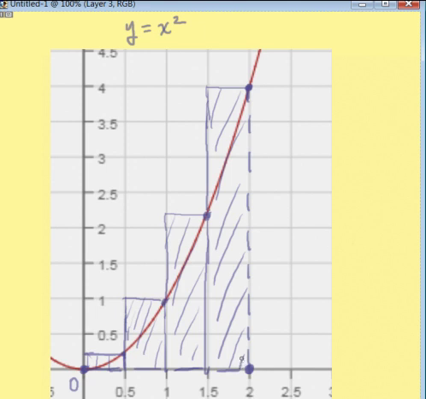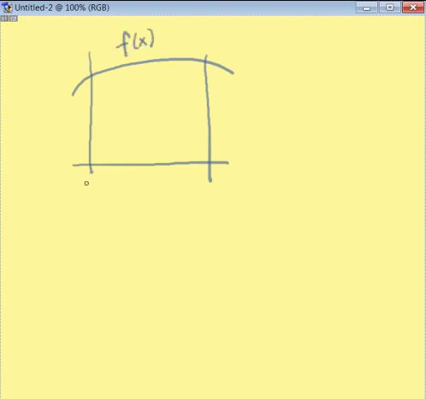All right, let's look at a general function f of x from a to b. And we're going to divide this into n intervals.